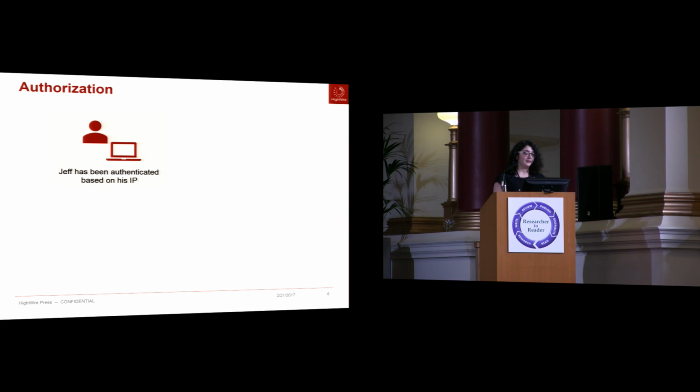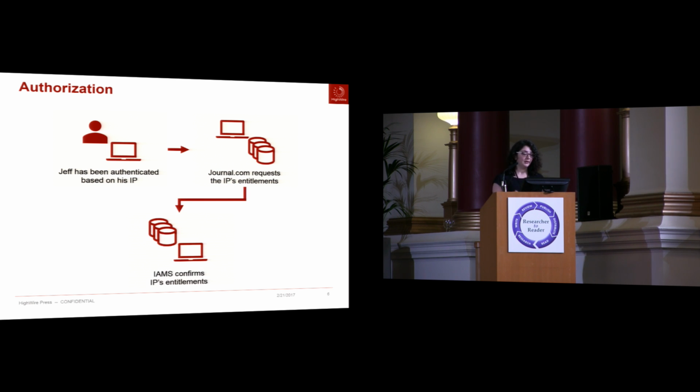Once he's been authenticated based on his IP, Journal.com then says, oh, can you tell me what he's entitled to read? This is still completely invisible to Jeff. Totally invisible. And the IAMS confirms the IP's entitlements. Now this is important. Jeff is not getting access to stuff that he as an individual can read. He's getting access to stuff that his institution has purchased.